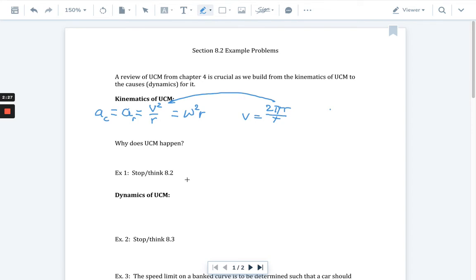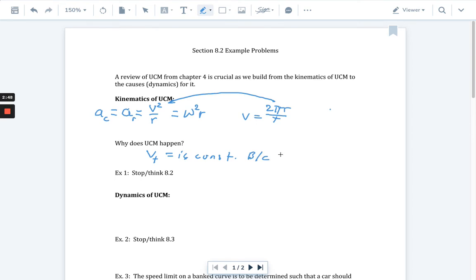Why does it happen? It happens because there's no tangential force to speed it up. So v tangential is constant because of Newton's first law, basically.